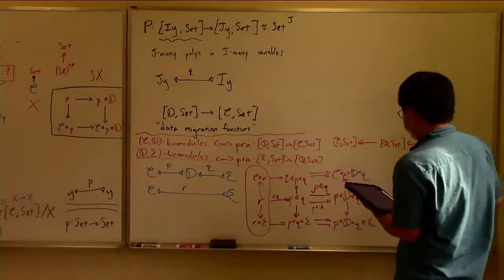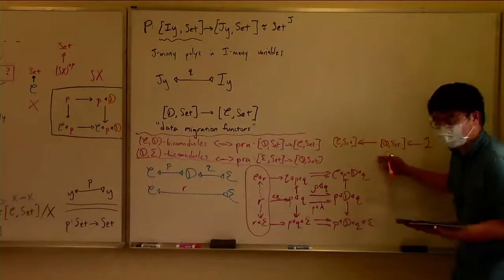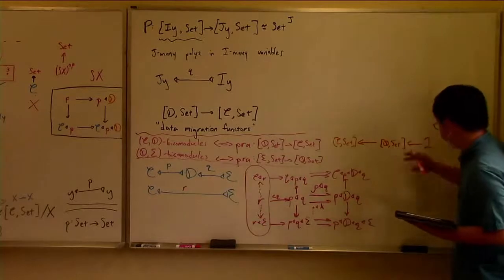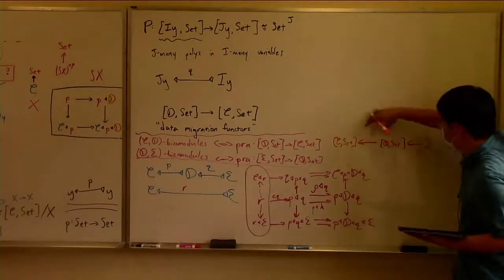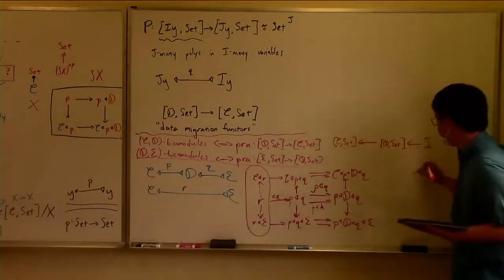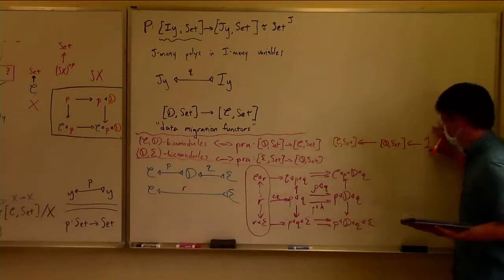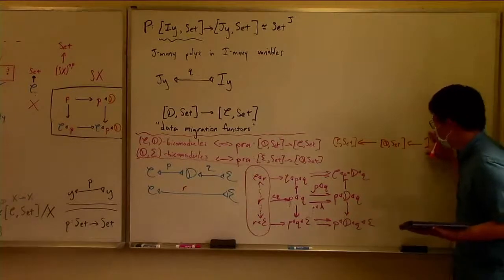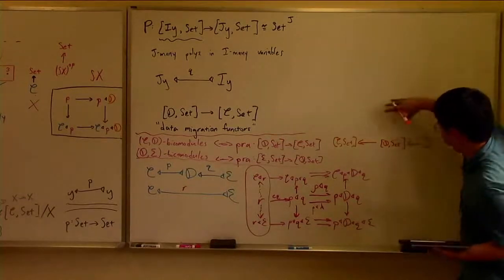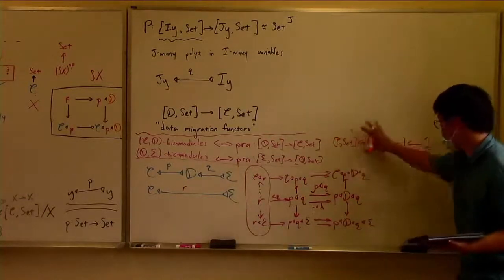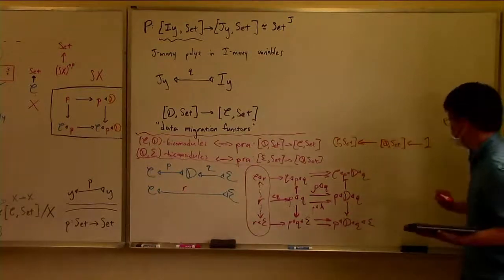And it turns out that since these functors are completely determined by where they send every D set, we only really need to worry about composition in this particular case. It's maybe a little silly to call this composition. This is just applying this functor to one D set here.